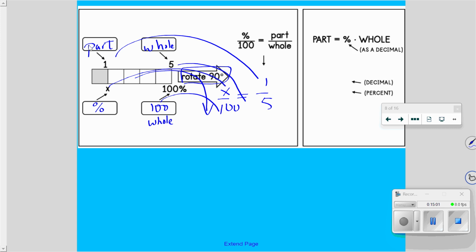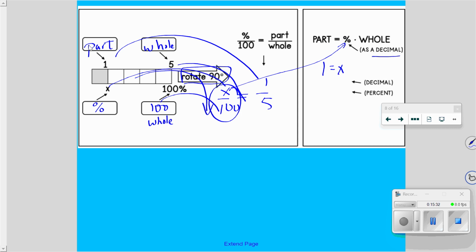Okay, once I've got my percent proportion, you should now be able to write your percent equation. What is the only thing that changes? Instead of writing it as a percent, when I change it to the percent equation, I'm changing this into the percent as a decimal. So, what is my part? 1. What's my percent?